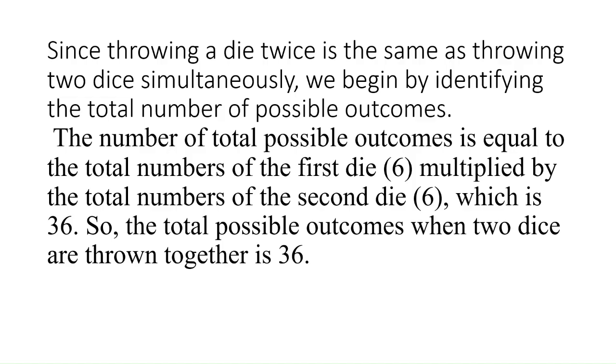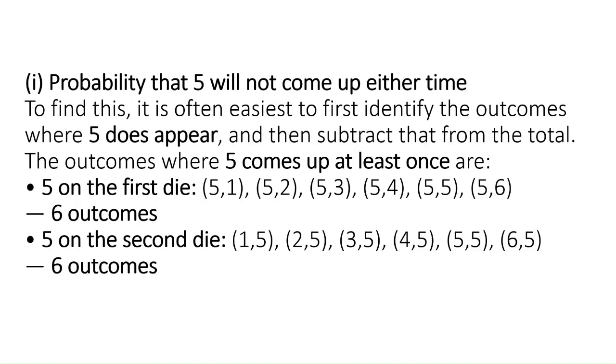Now, the probability that 5 will not come up either time. The first event is that we should not get 5 either time. The scenario is that a die is thrown twice, which we treat as two dice thrown simultaneously.